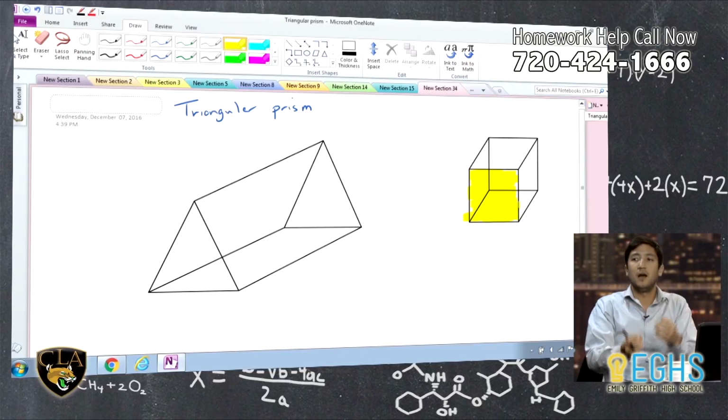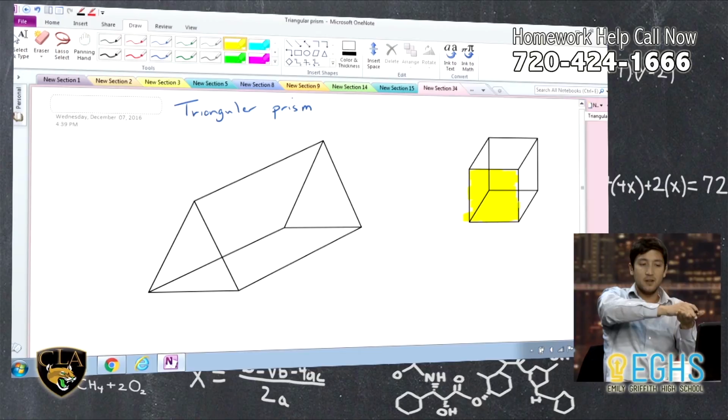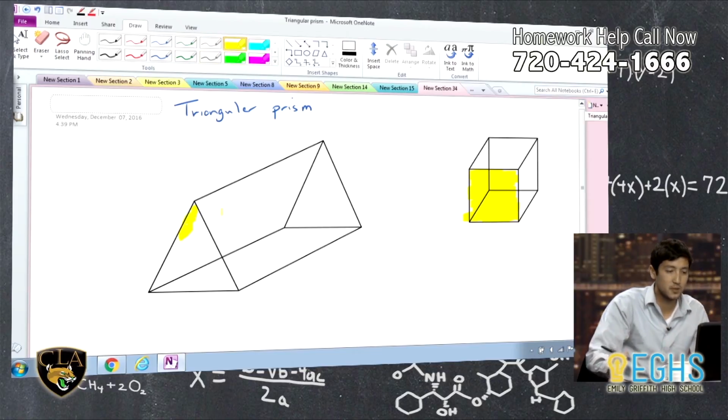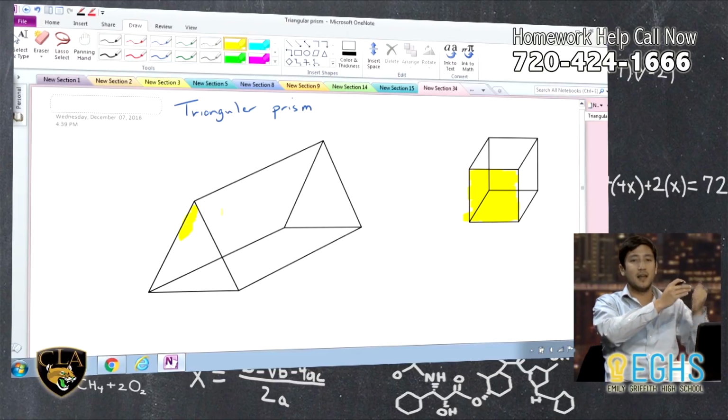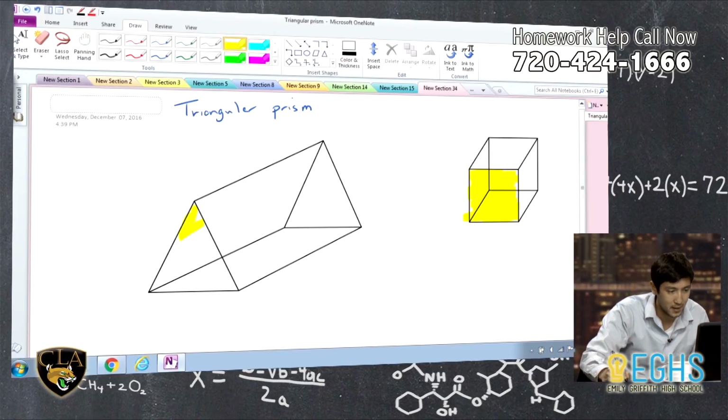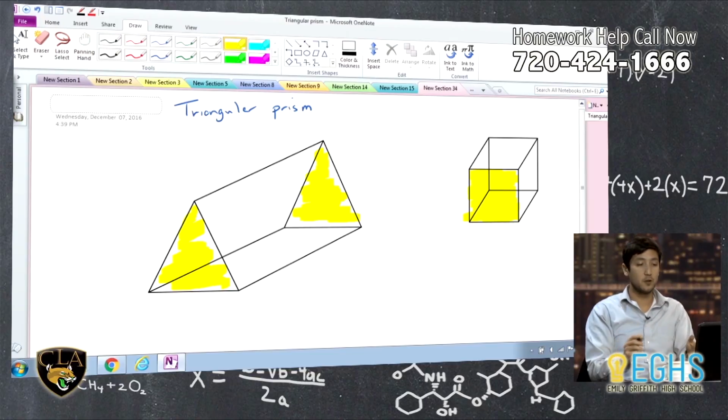If I were to stack this square over and over again on itself, it would make this shape. That's going to be true of this shape as well. The actual definition says that it has the same base on top and bottom, the exact same shape. Where I have a triangular shape on this base, I also have the exact same triangular shape on this base. So that's one of them, identical bases.